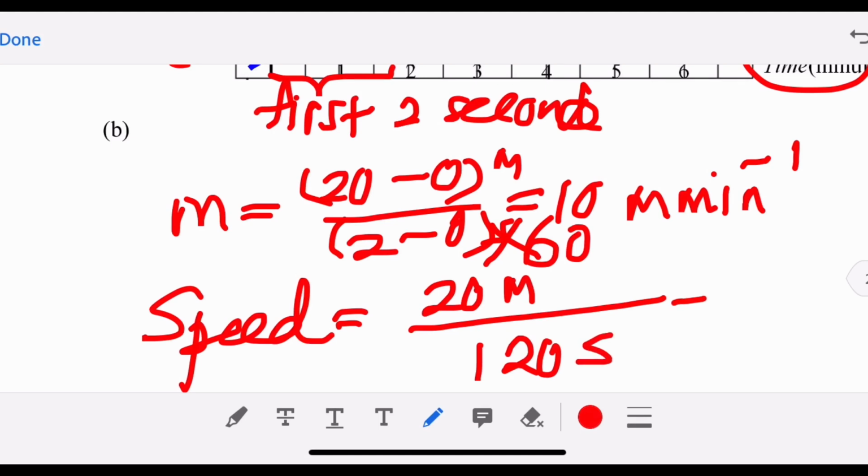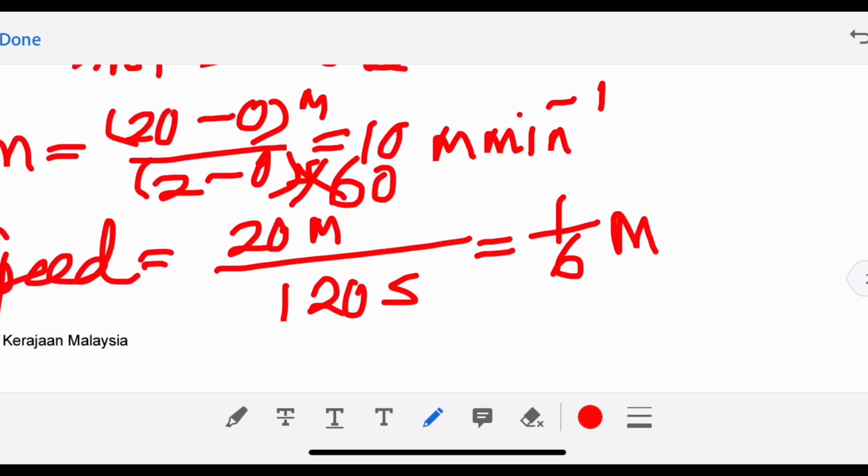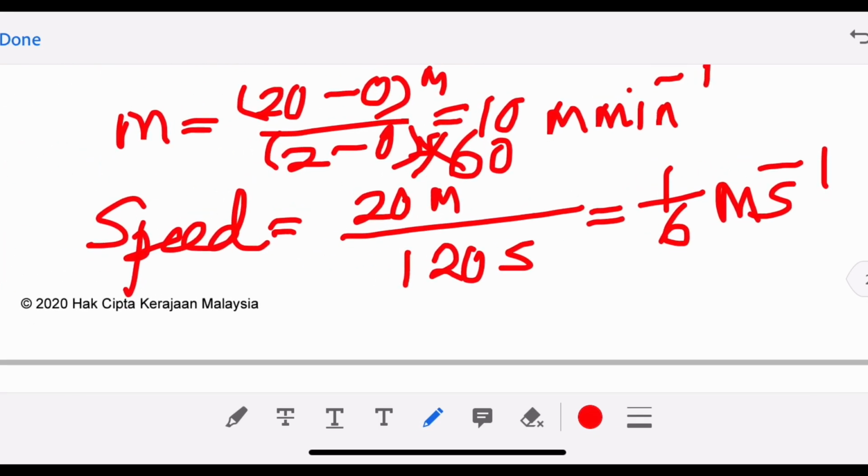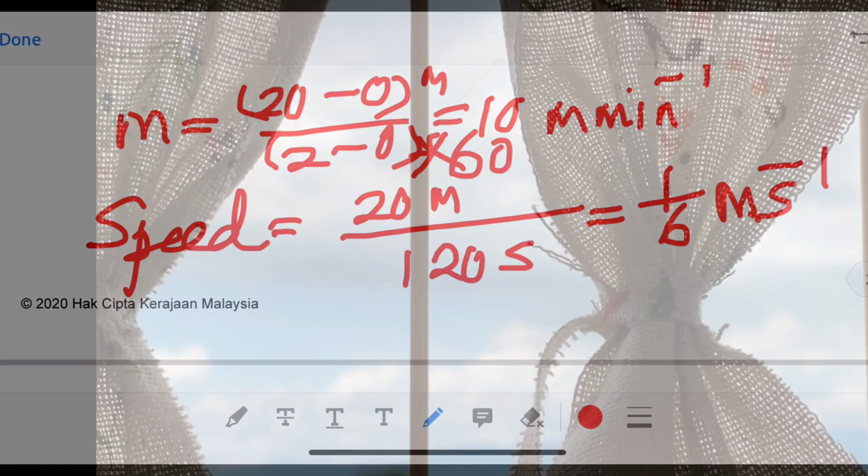After simplifying, the answer is 1 over 6 meter per second. Be careful with the unit. I've highlighted to you many times the unit is very important.